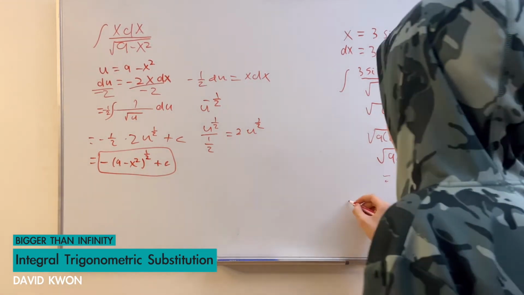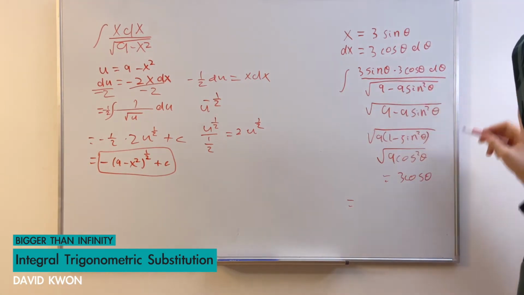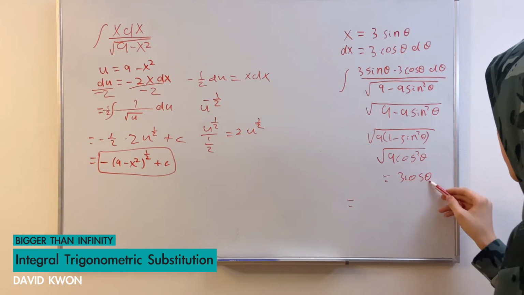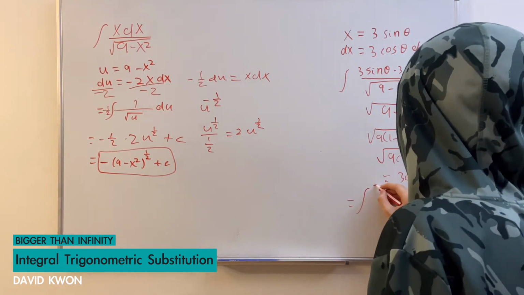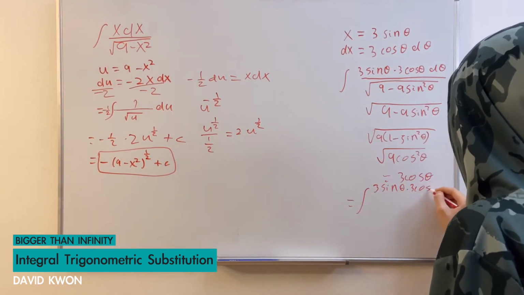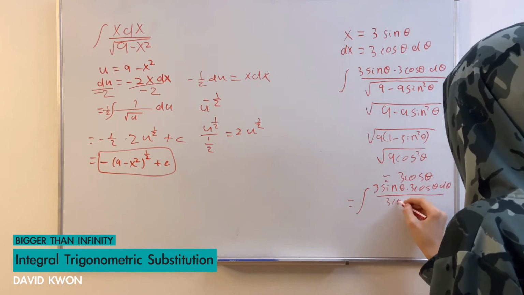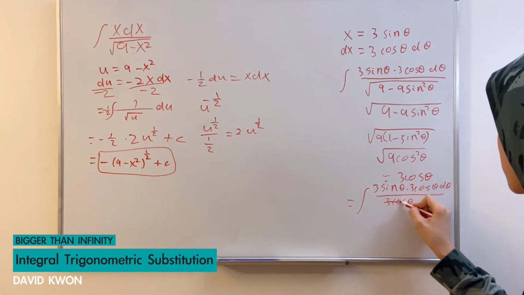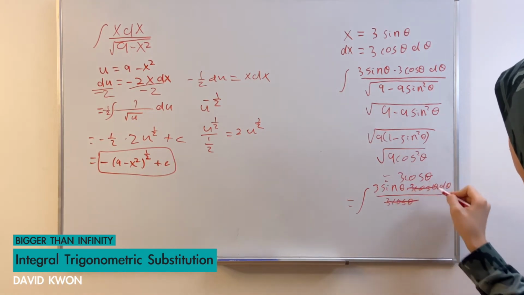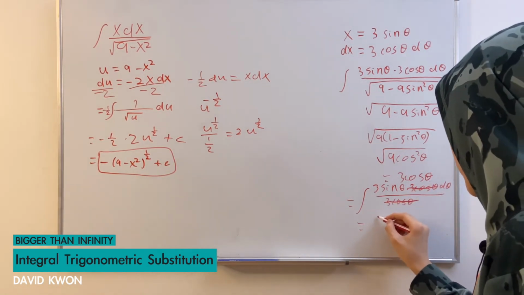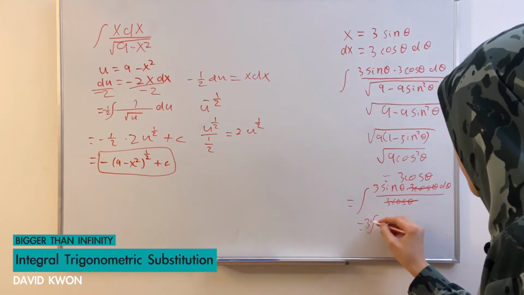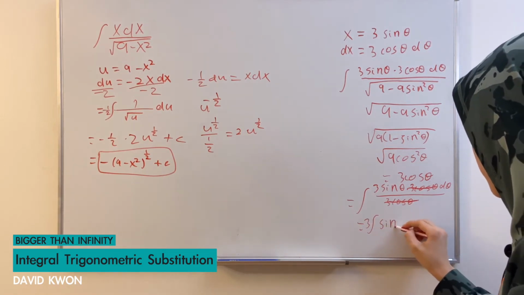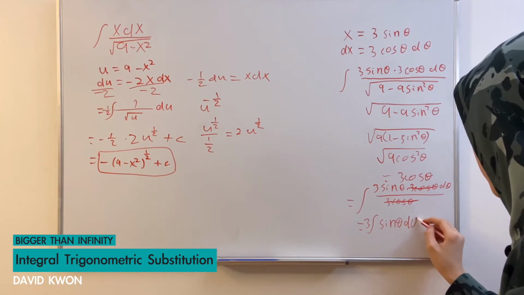So the denominator is now 3 times cosine theta. Now we can cancel the 3 times cosine theta from the top and the bottom. So we have the integral of 3 sine theta d theta.